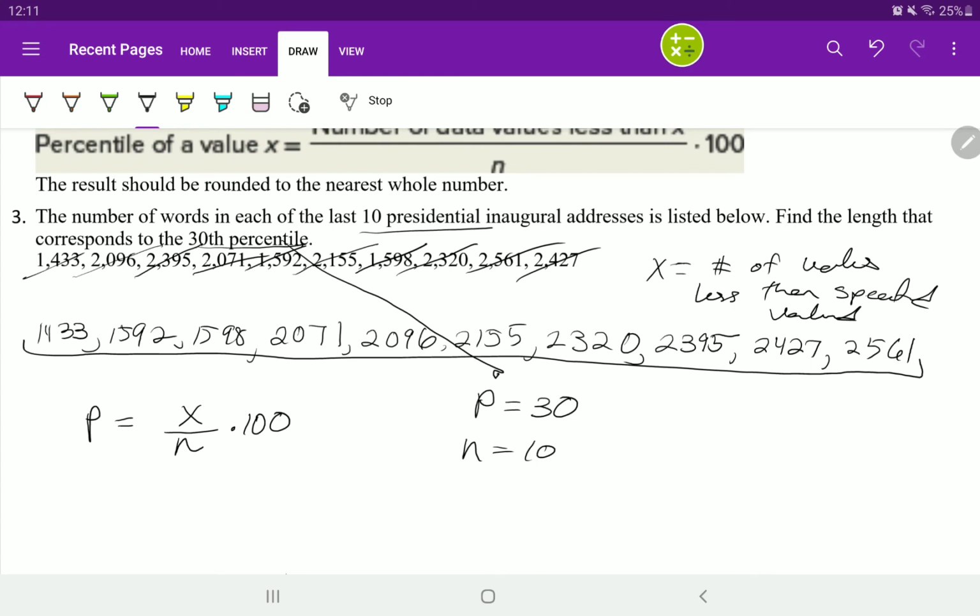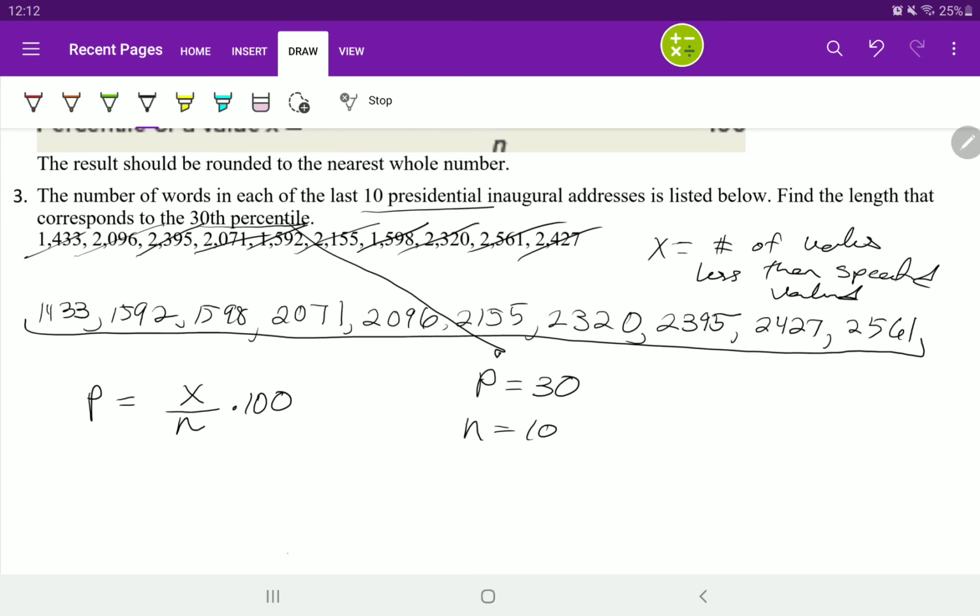I can use this formula to find the value of X, where X is the number of values less than the specified value. So 30 equals X divided by 10 times 100.